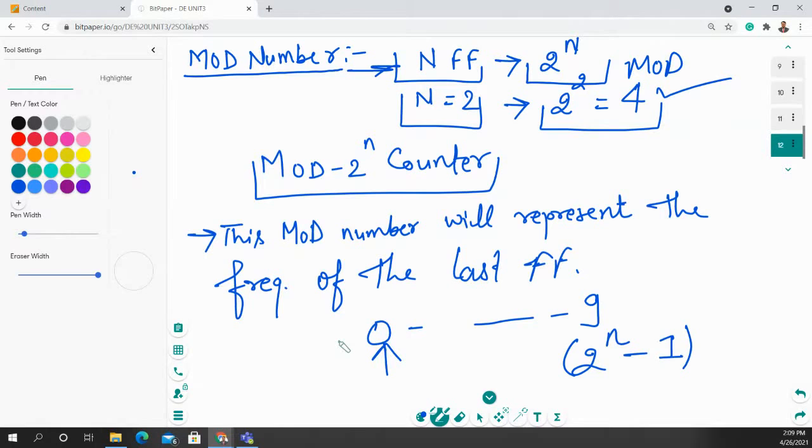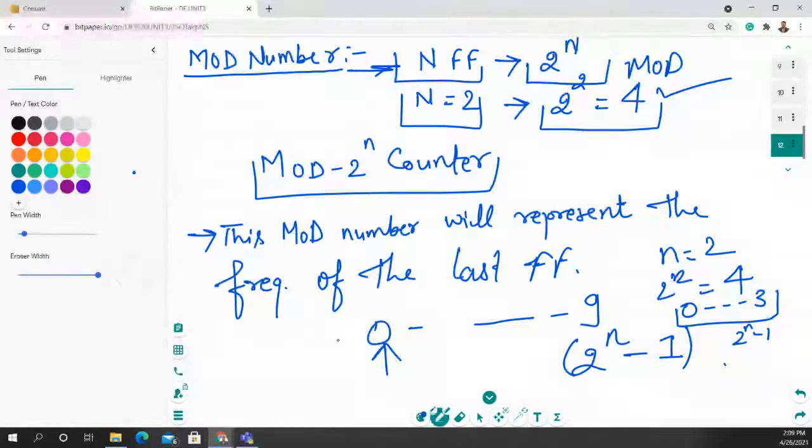So we have n equal to 2. What is the mod? Mod is equal to 2 raised to power 2, so it is equal to 4. From 0 it will start, and maximum it will go up to 3, 0 to 3. So we can say 2 raised to power n minus 1: 2 raised to power 2 minus 1, so 4 minus 1 equal to 3.